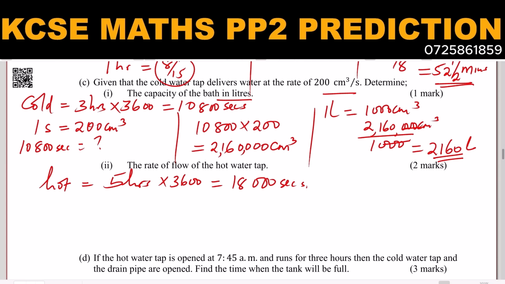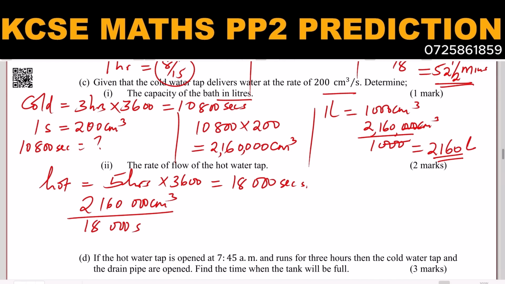Now, because we know the capacity of the tank is 2,160,000 centimeters cubed, and the hot water tap can fill the tank in 18,000 seconds, to get the rate per second, we take the capacity of the tank, 2,160,000 centimeters cubed, then divide by the seconds taken by the hot water tap, which is 18,000.